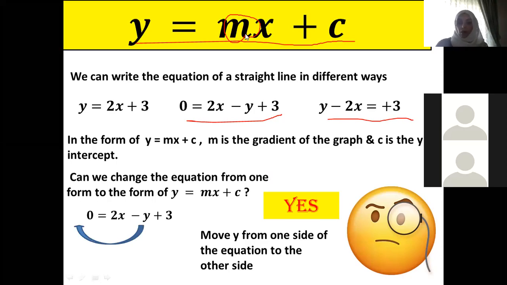What do I do, Taha? I say plus y on both sides and bring the y to the other side. Or some people tell you another way: if we want to move one term from one side to another, we just change its sign. So it was negative y on the right side, I bring it to the left side and it becomes positive y, and that's it. We're done. So I take the negative y from here and put it on the other side of the equation, and that would be a positive y.